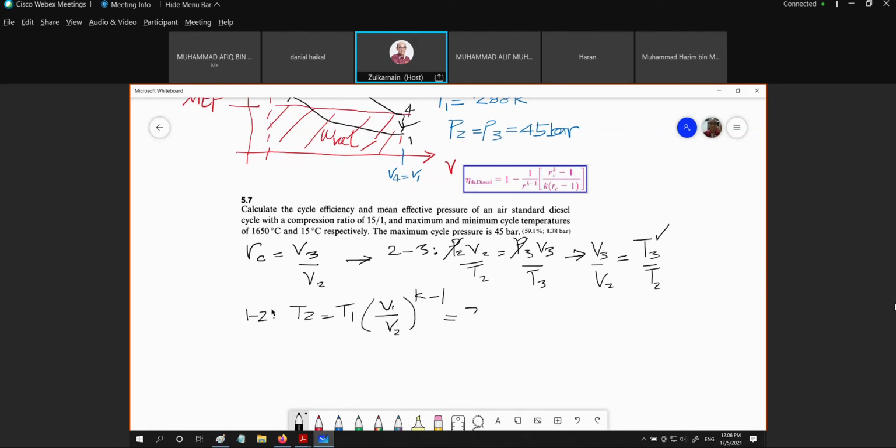So this is 288. This is given as 15. V1 over V2 is the compression ratio, and the power is 0.4.